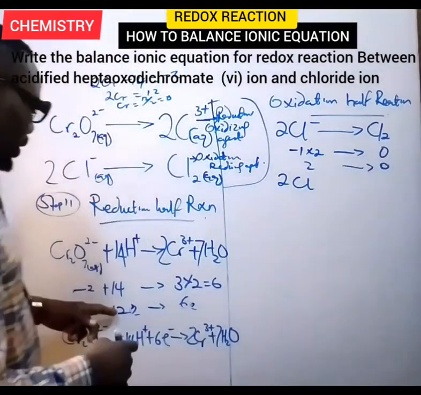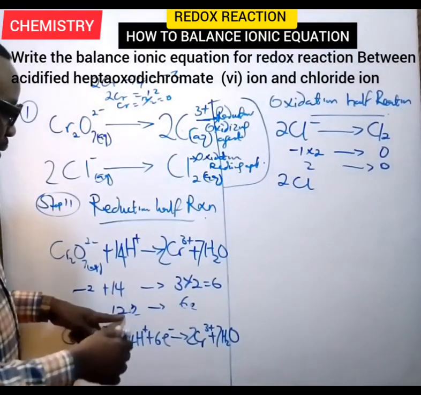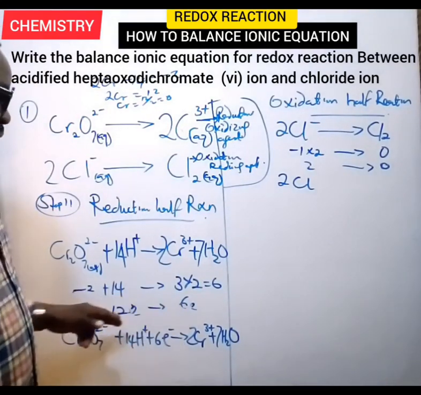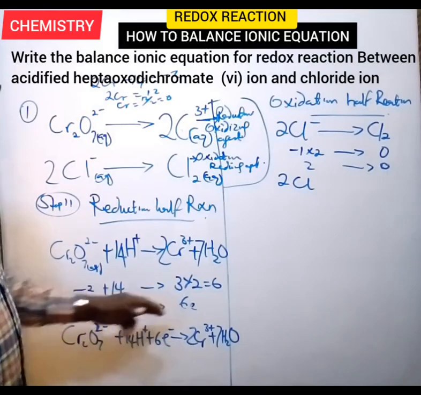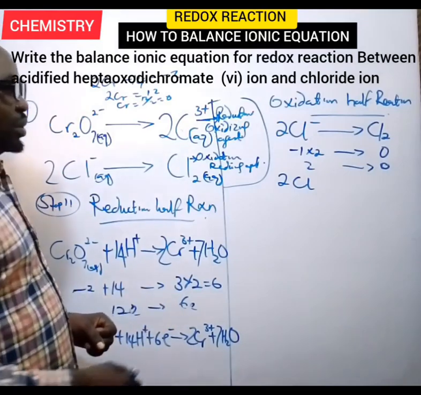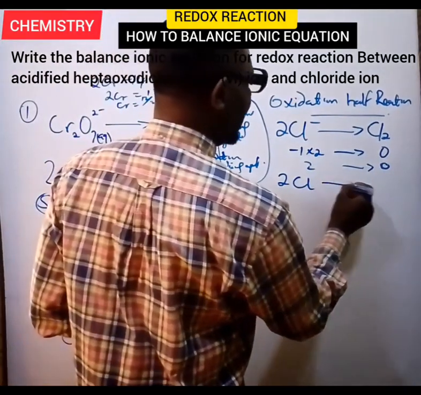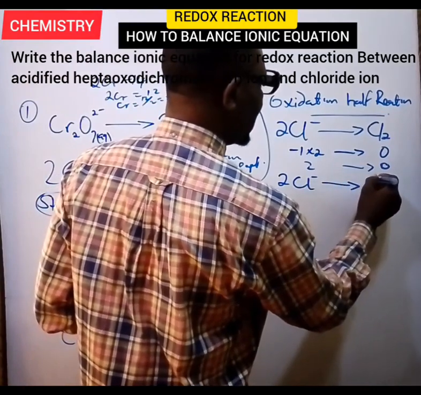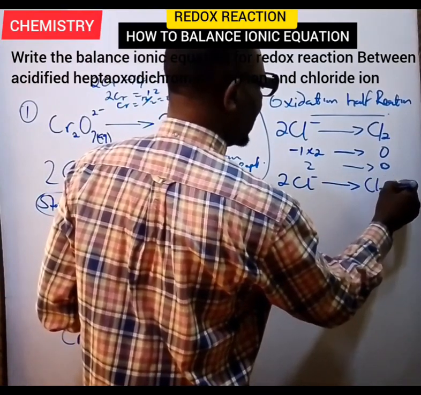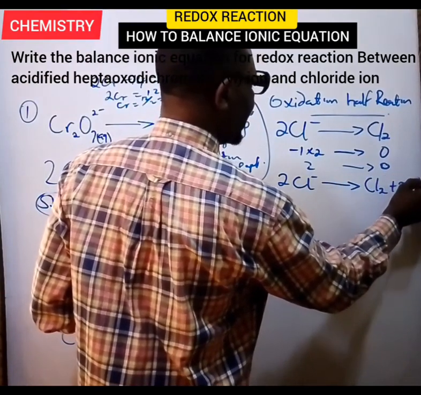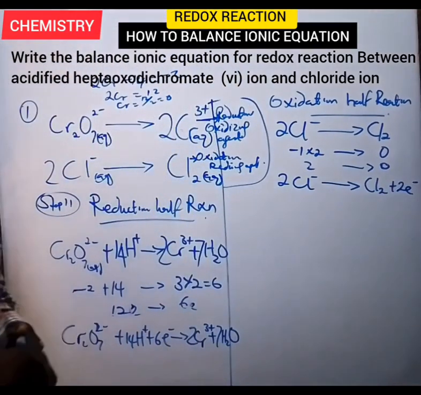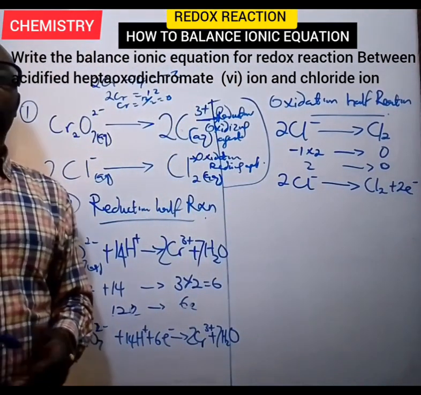Don't forget what we did here: we bring this one down, subtract it, then we make it balanced. So 2Cl minus leads to Cl2 plus 2 electrons.